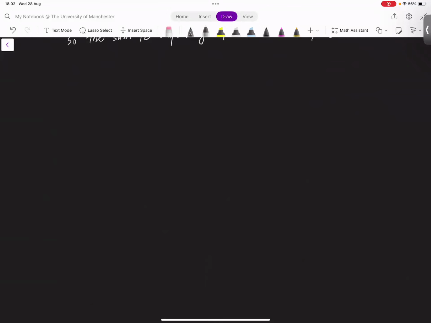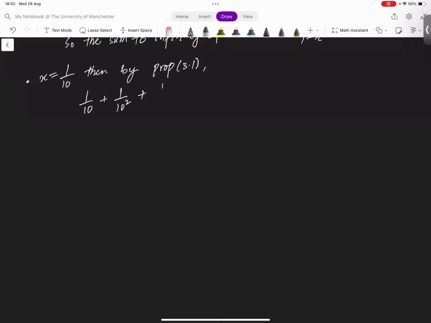Then by proposition 3.1, we get 1 over 10 plus 1 over 10 squared plus 1 over 10 cubed plus and so on; this sum to infinity is x over 1 minus x, where x is 1 over 10. 1 minus 1 over 10, if you solve this, you'll get 9 over 10.